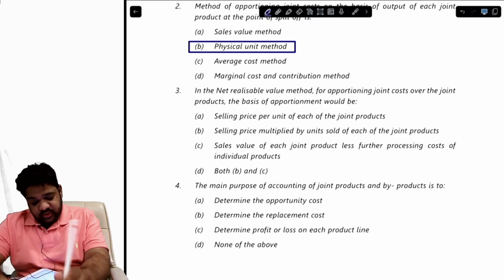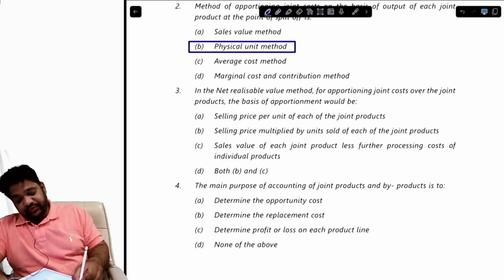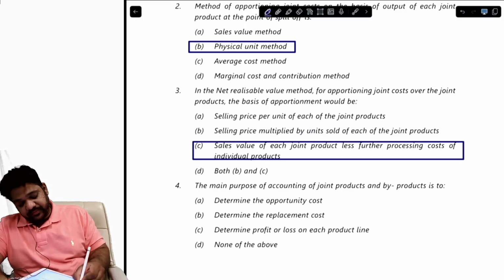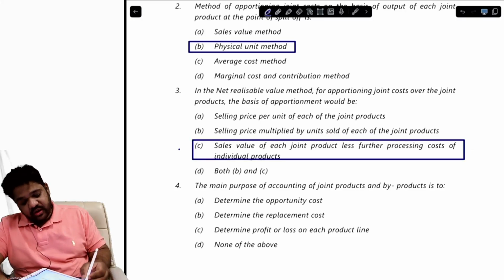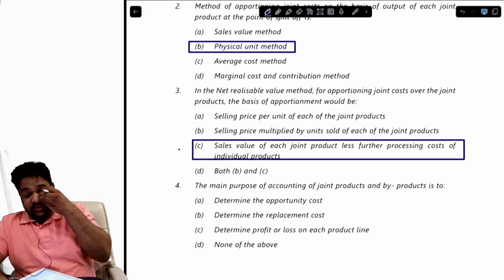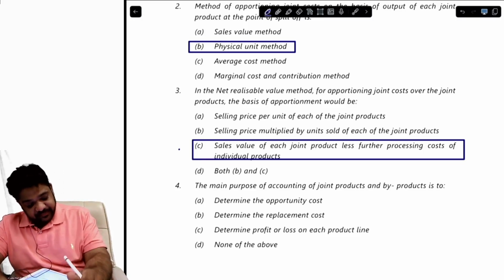Selling price of each unit, no. Selling price multiplied by unit sold, no. Sales value of each product less the further processing cost of individual products. No, according to me, the fourth alternative is stupid. I mean, in a method, how can you have two methods being the same? I just don't get that. I think it's wrong and stupid, but ठीक है.